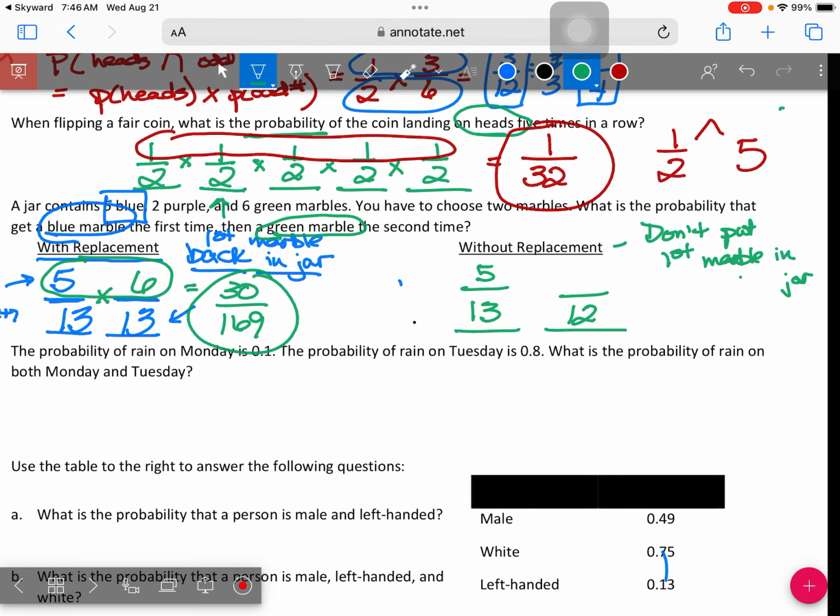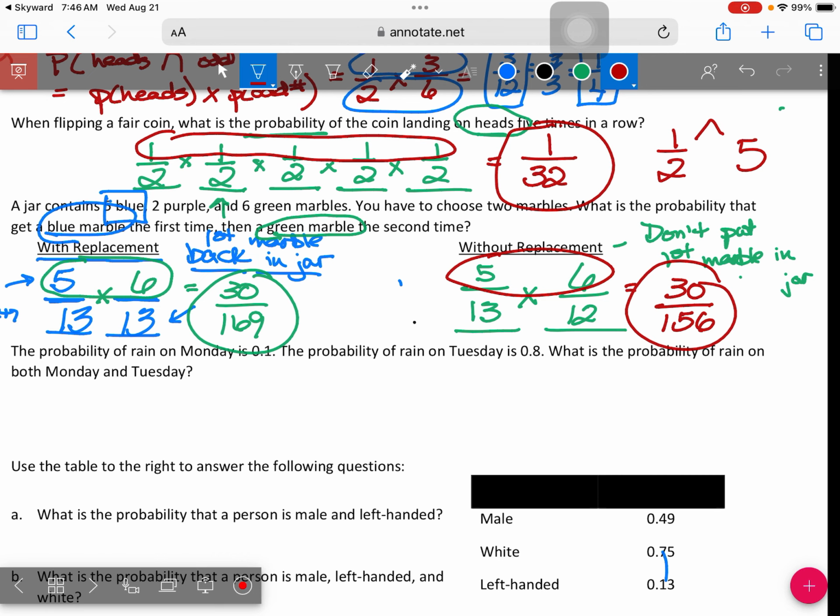We don't care what I got for the first one. What's the probability that I would get a green marble? 6. So multiply those together. 5 times 6 is 30. And 13 times 12 is 156.